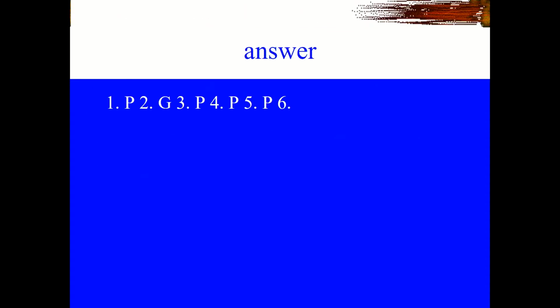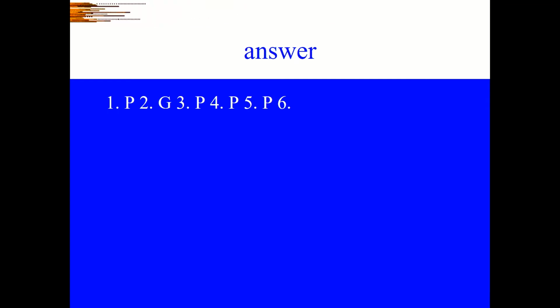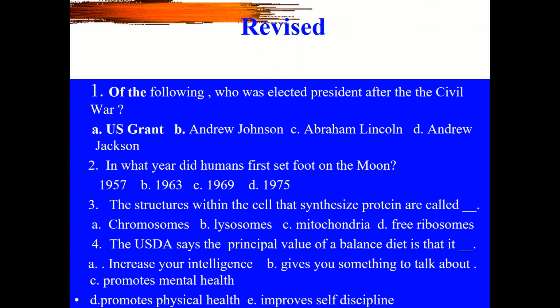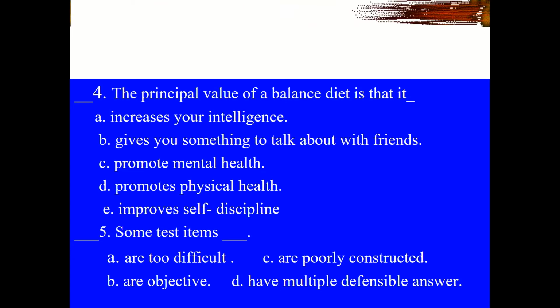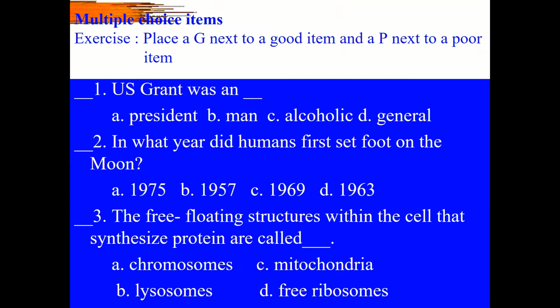It says here 2, 4, 5, and 6 are poor items. Here are the corrections. Before we do the corrections, let us try to study where it is false.